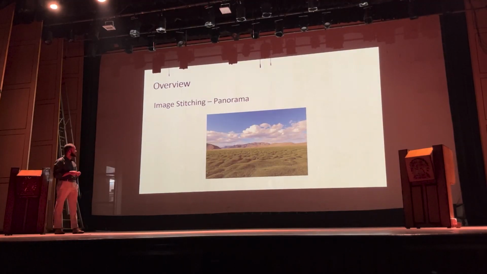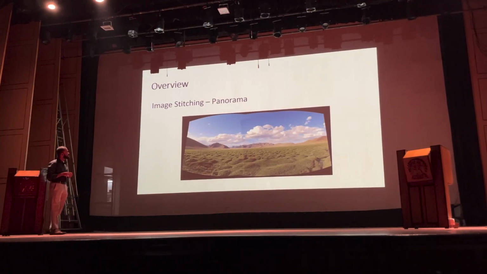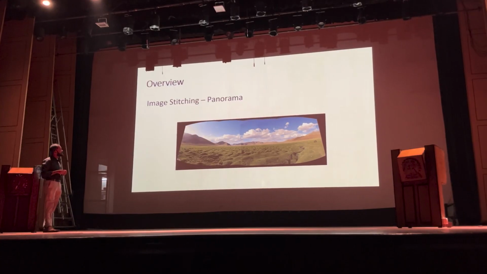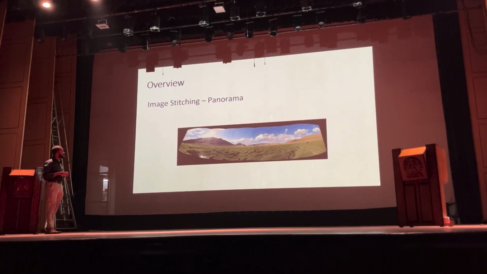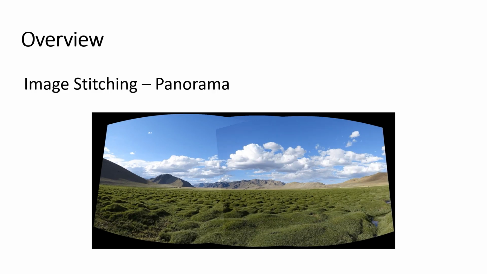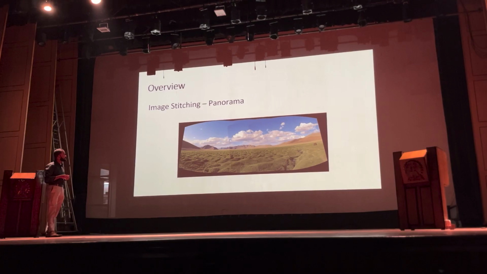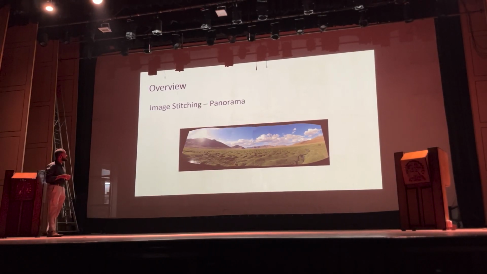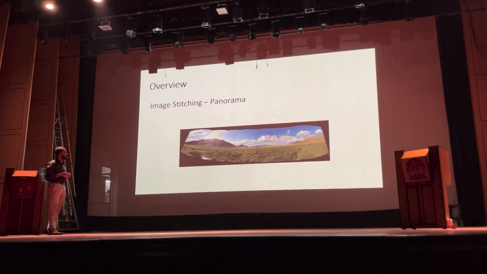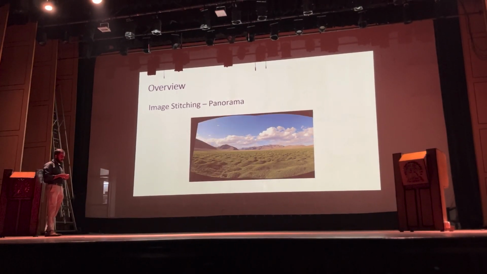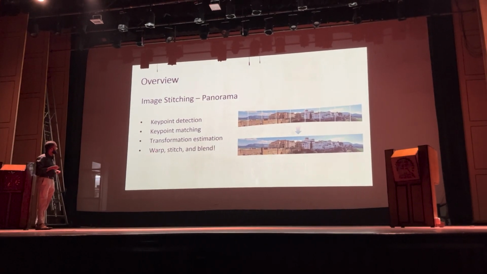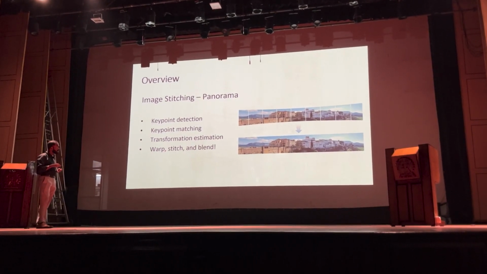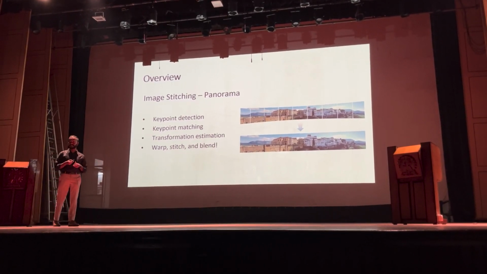So I'll just show you the process in real time. Right? And then you get this image. And now you notice that there are a lot of steps that you need to do to get a stitched image.